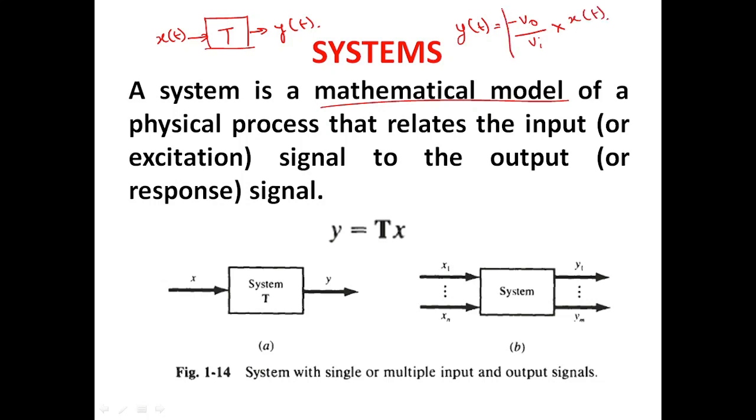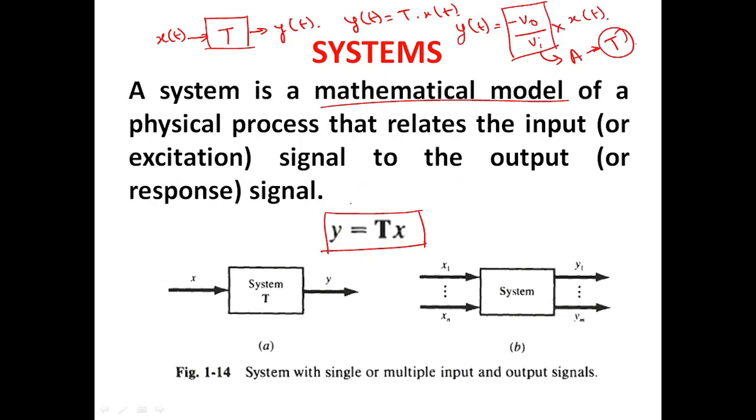Now what is this? This we call the gain, which can also be written as the transfer function T. So we can write y(t) equals T into x(t). That is, y equals capital T into x.